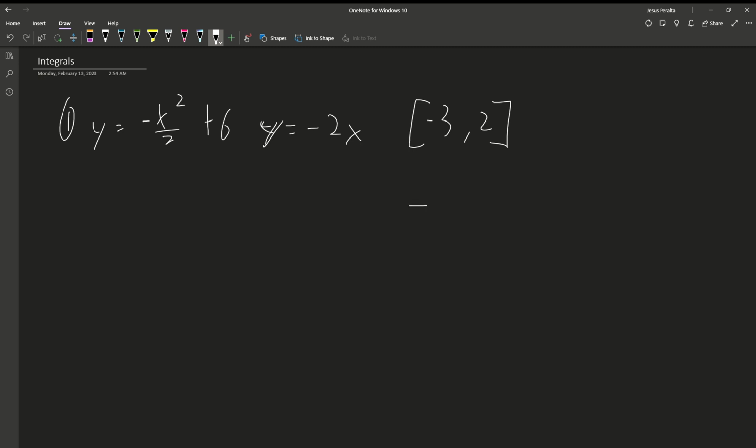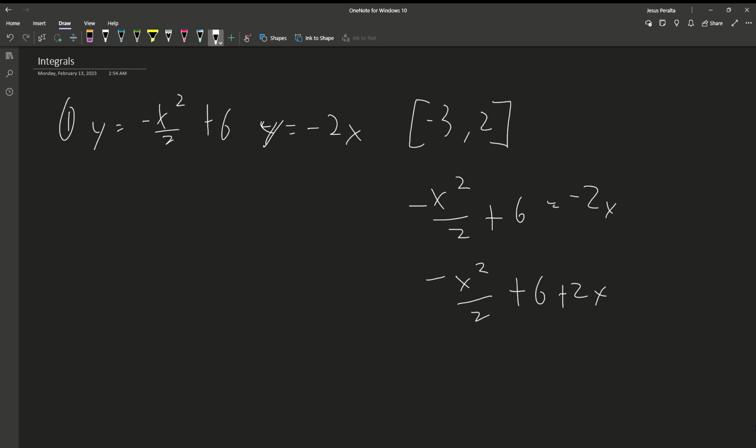So we're just going to set them equal to each other. So we're going to have negative x squared over 2 plus 6 equals negative 2x. We're going to add 2x to both sides. But since we don't want to do factoring with a fraction on the exponent, we're going to multiply it by negative 2 because it's also easier to do it without a negative.